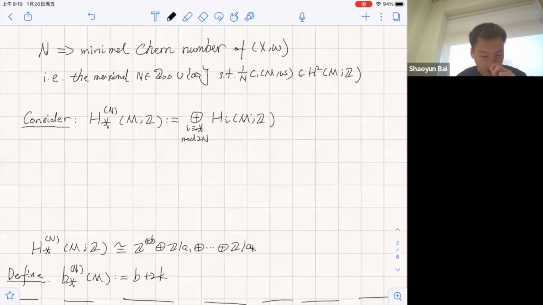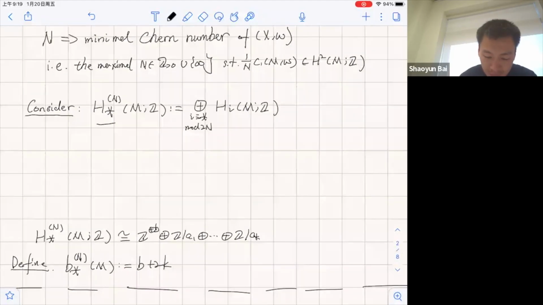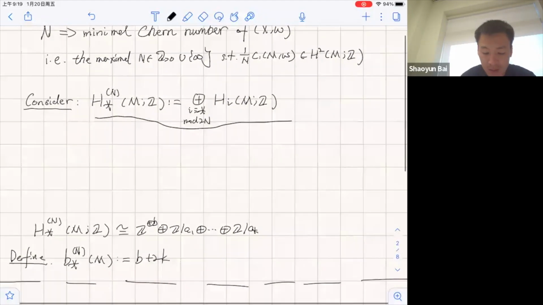Now we have an integer n, and going from there, let's cook up some kind of integral homology of our manifold. In short, let's consider this version.